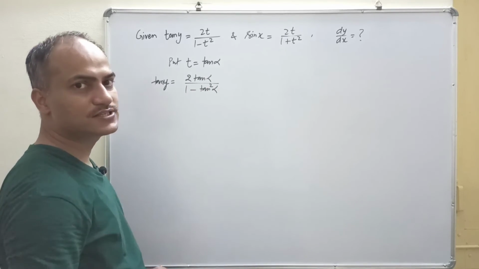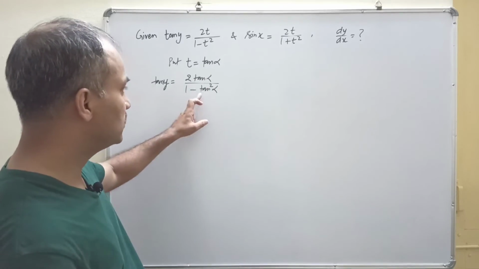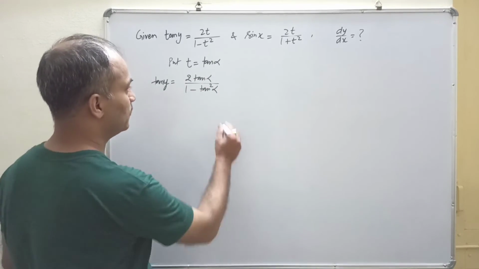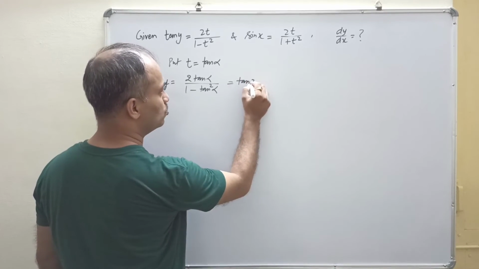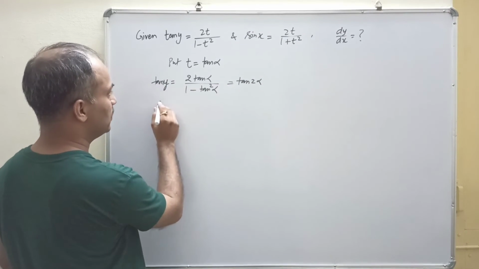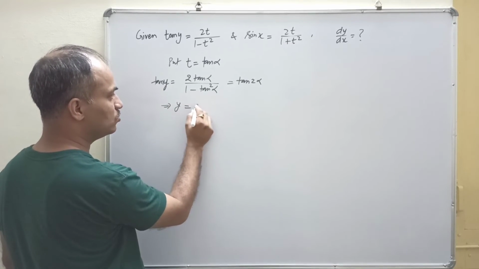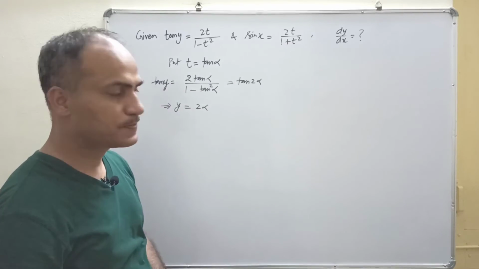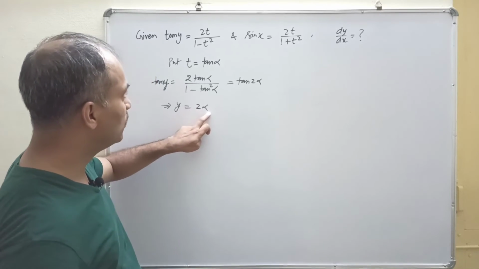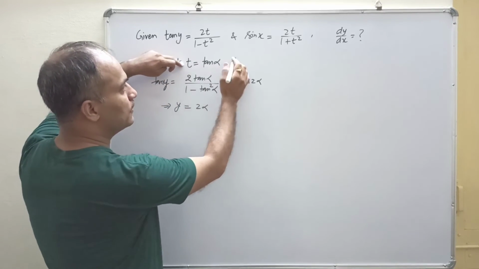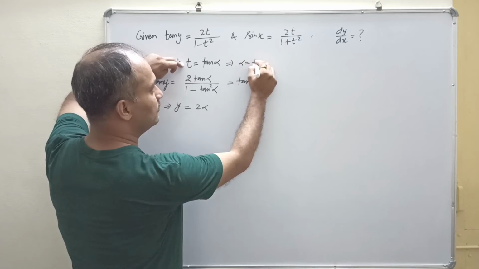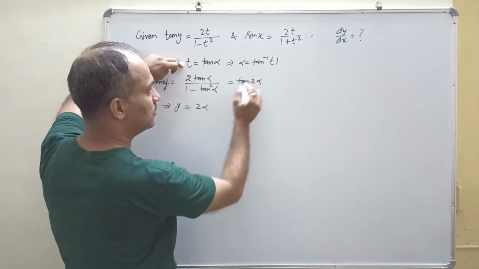And which formula is this? This formula is none other than tan 2 alpha. So compare tan y is equal to tan 2 alpha. What can you say? Can you say y is equal to 2 alpha? Yes, of course. So when y is equal to 2 alpha, then what is alpha from here? Alpha is tan inverse t.